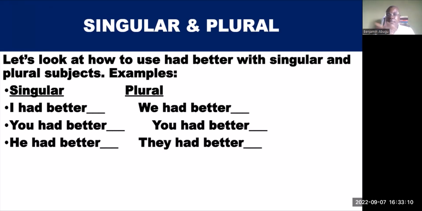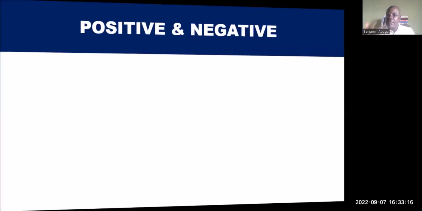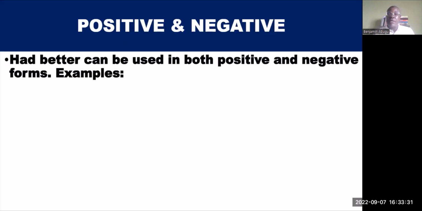He had better, they had better, she had better, okay? It had better, and then they had better. So you can either use that with the plural or with the singular. And then you can use it also with the positive and the negative forms, okay?